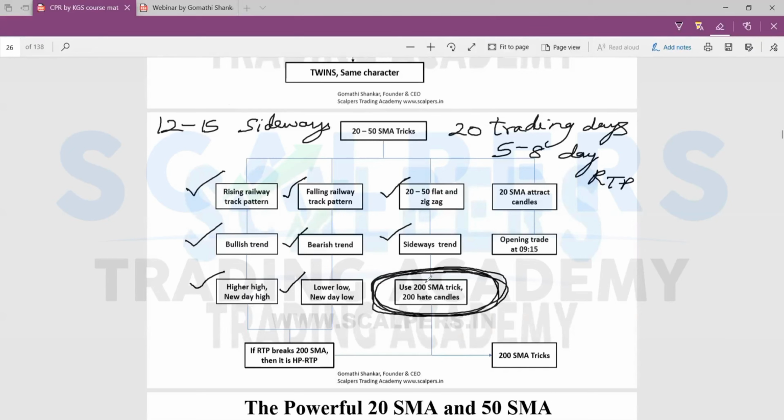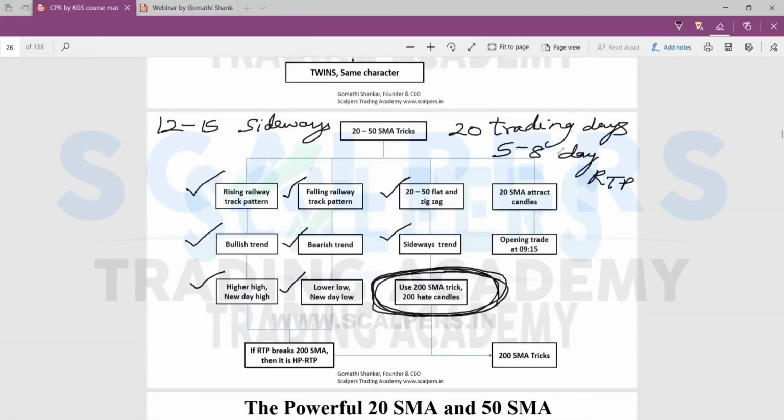We will use 200 only when the market is sideways. If there is a rising RTP or a falling RTP, you don't need 200. But if there is a flat and zigzag 20 and 50 SMA, definitely you should use 200. Those 200 SMA tricks we will see later.